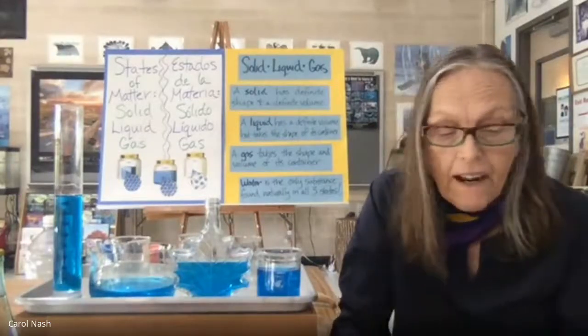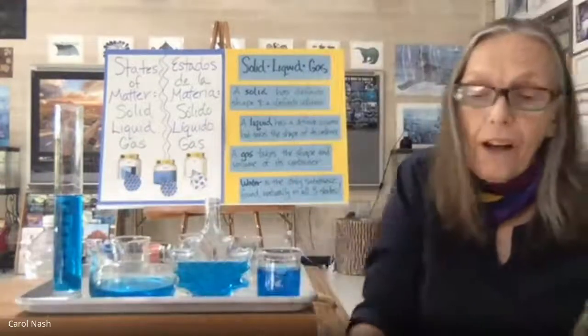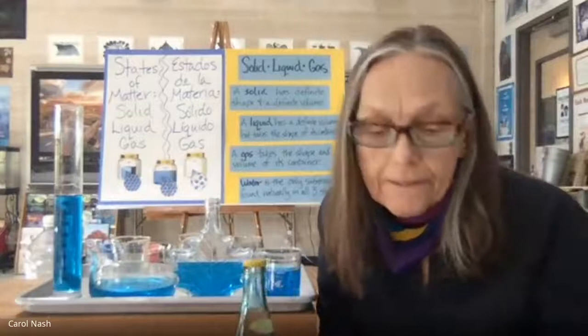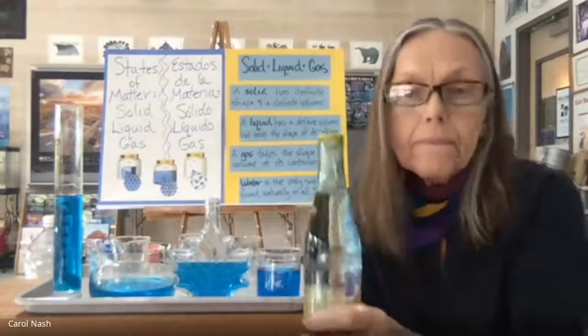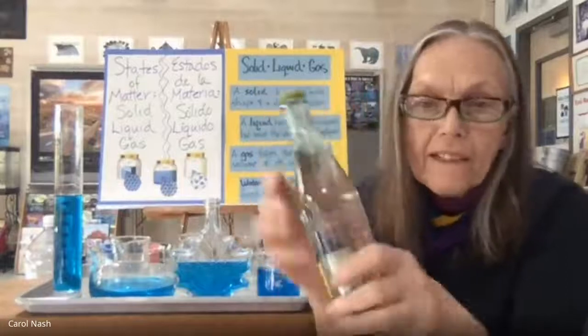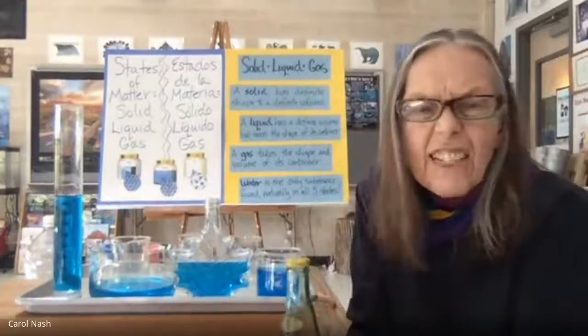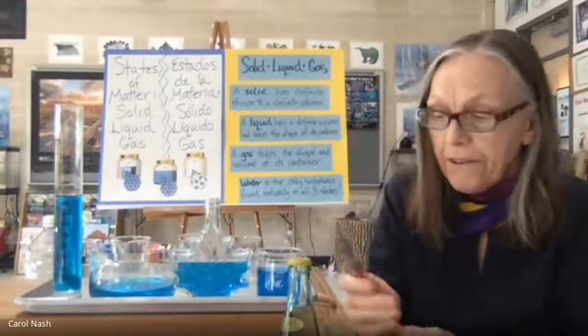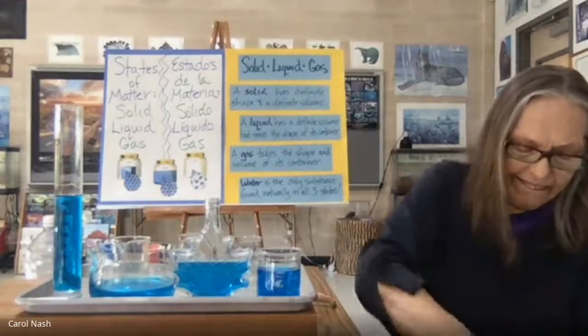Now, around the house we find examples of our states of matter. Here's my Topo Chico: solid, liquid, and there's a little bit of air in here, so it's a little bit of gas, but there's more gas in there too, because gases have a very unique property.